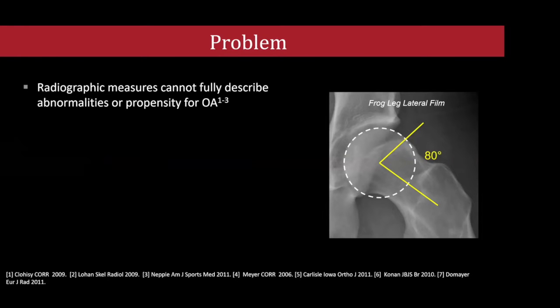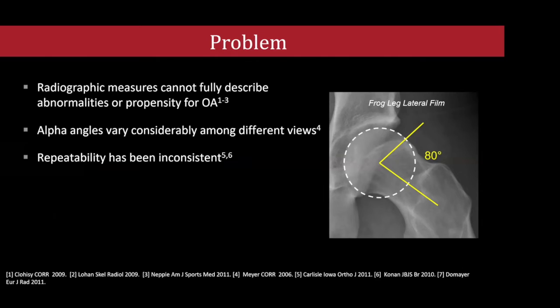One of the problems is that radiographic measurements cannot fully describe these abnormalities that we see in patients with impingement and instability. It's been shown that alpha angles do vary considerably amongst the different views, and I'll get to that a little bit more in a second. It's also been shown that repeatability has been inconsistent.